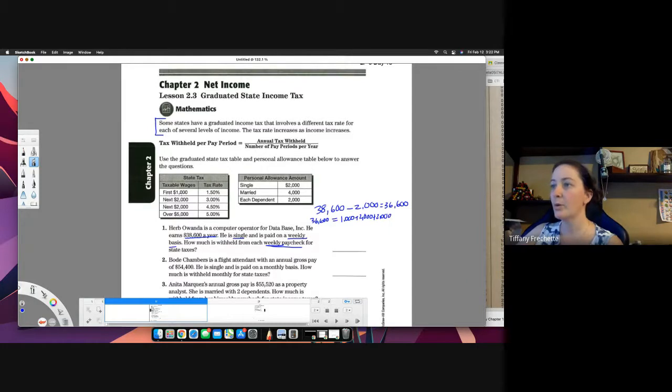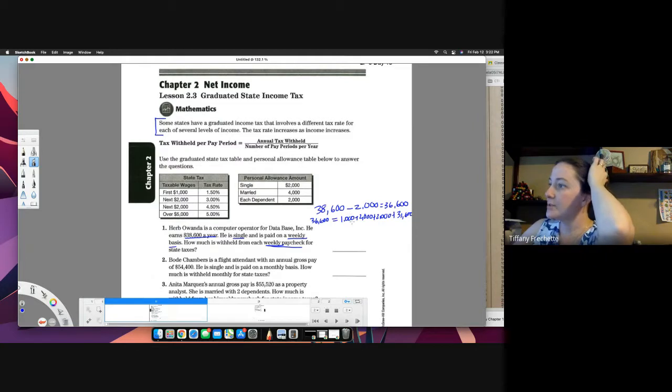So we have 1,000, the next 2,000, so now we're up to 3,000. The next 2,000, so now we're up to 5,000 total. So you keep moving to the next piece. And then anything over this 5,000 is taxed at 5%. So plus the rest of it, basically it's just this amount minus 5,000, which is 31,600.